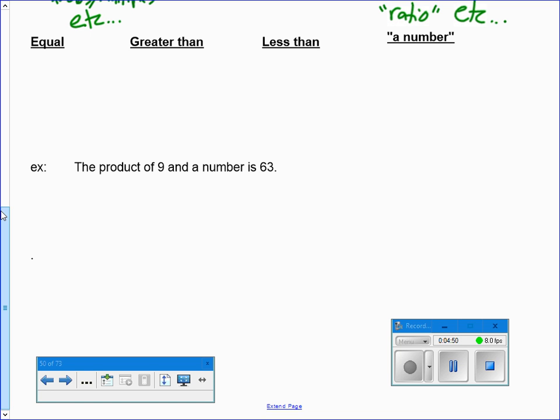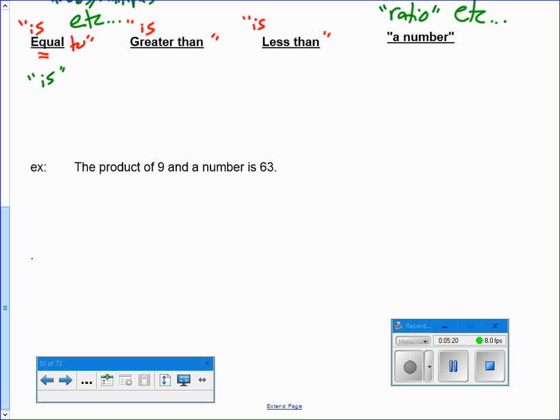We also have some words that relate to our symbols, our equal symbol. If we see this phrase is equal to, same thing, is greater than, or is less than. So for equals, a lot of times you'll see is in a problem.